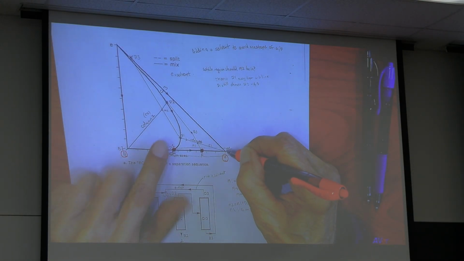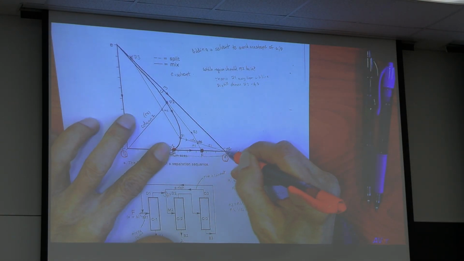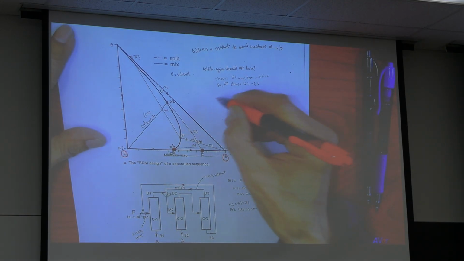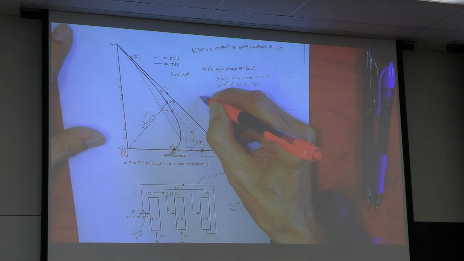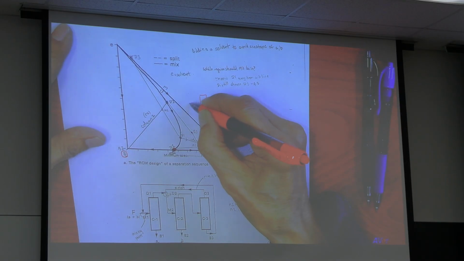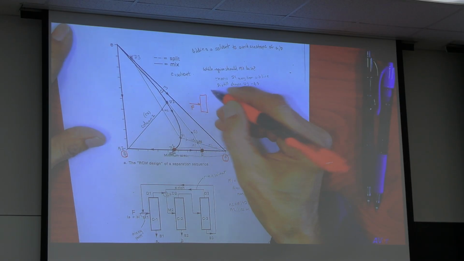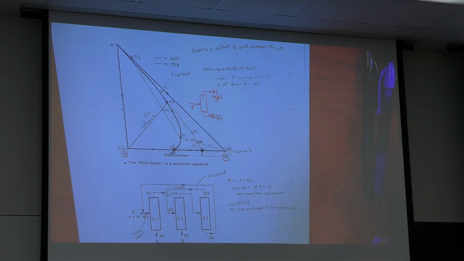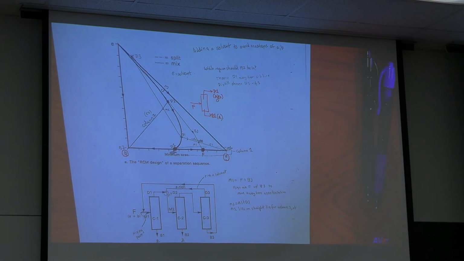This feed goes to this column, which gives the distillate and bottom. The distillate is D1, the bottom is B1, component A. You cannot get B.